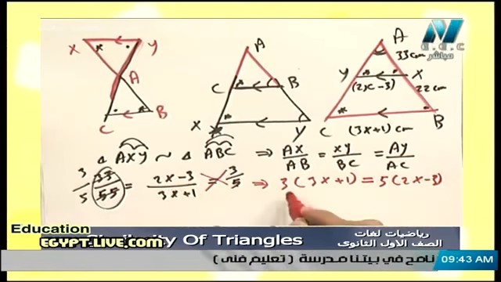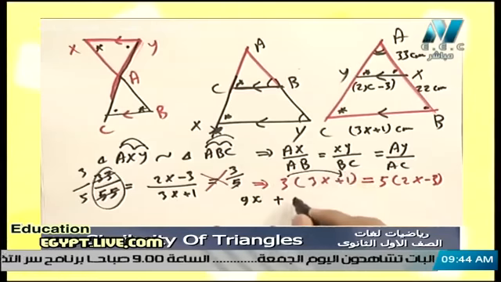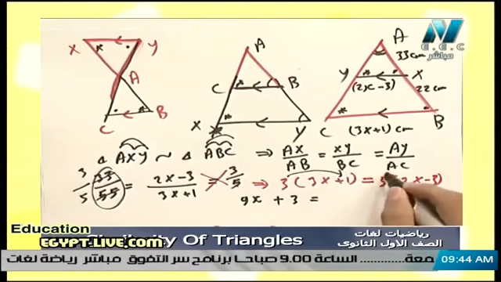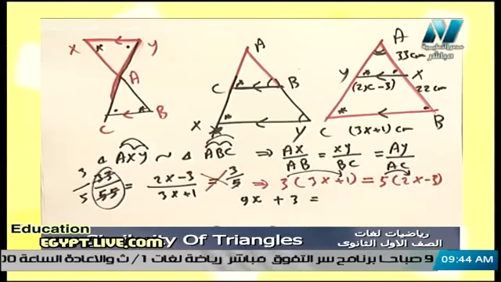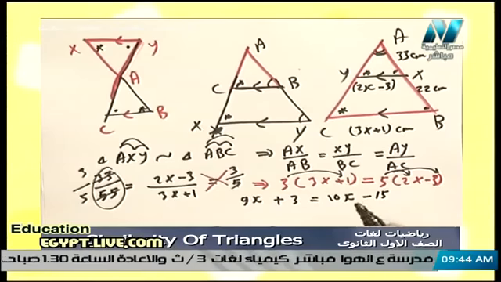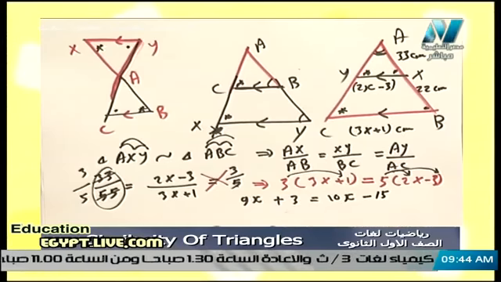To multiply 3 by 3x, we will have 9x plus 3 multiplied by 1 equals 3, equal 5 multiplied by 2x equals 10x, minus 5 times 3 equals 15. So we have here 9x plus 3 equal 10x minus 15.